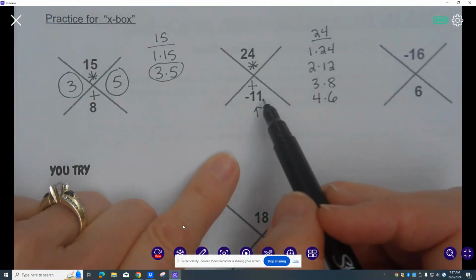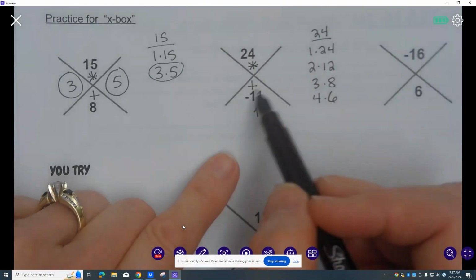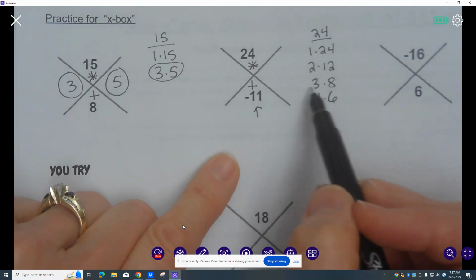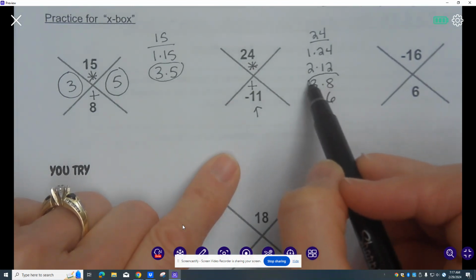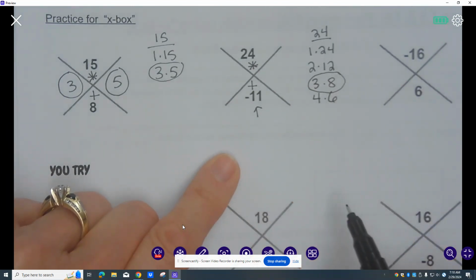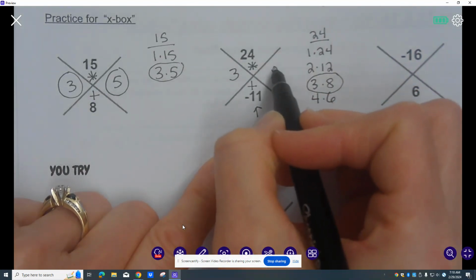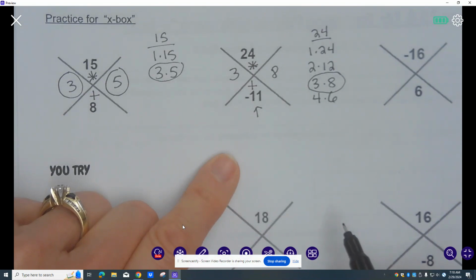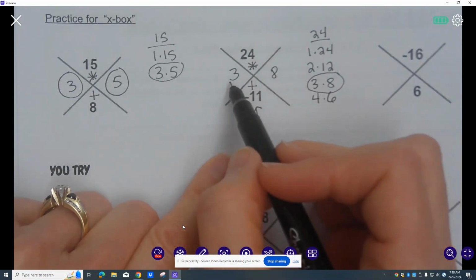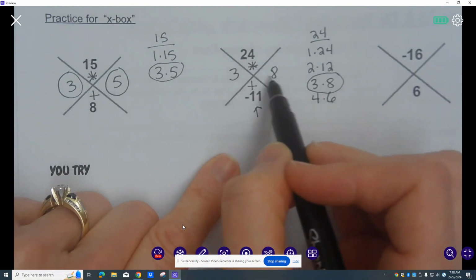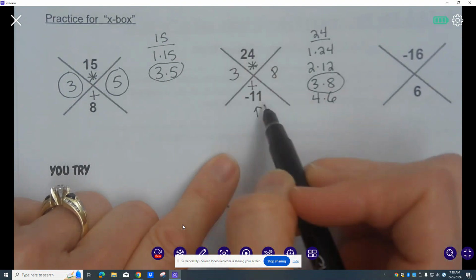Okay, now I want to think, I need two numbers that add to give me negative 11. So if you start adding these, you'll see that 3 plus 8 gives you positive 11. But let's go ahead and put those in and think, what can we do so that when we add these two numbers, we get negative 11? Right now I'm good. 8 times 3 gives me positive 24.